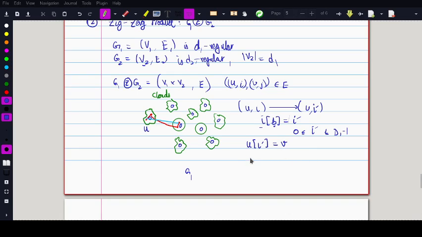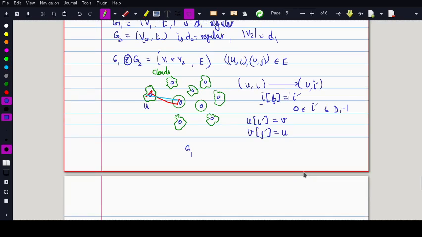Then you choose a j prime such that v of j prime is equal to u. So you choose that vertex of v, the j primeth neighbor, which is u, and then you choose a j such that j of a is equal to j prime, where a and b are like parameters.